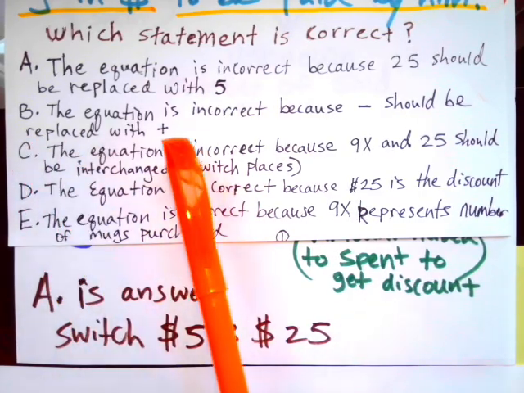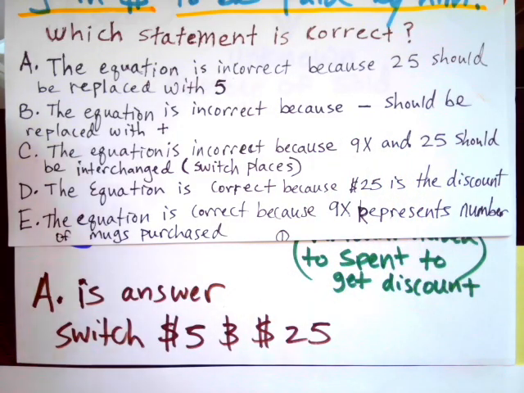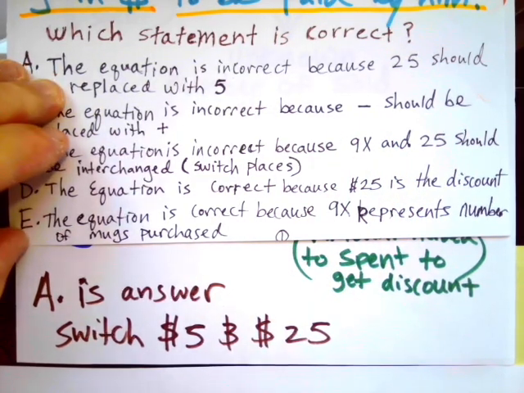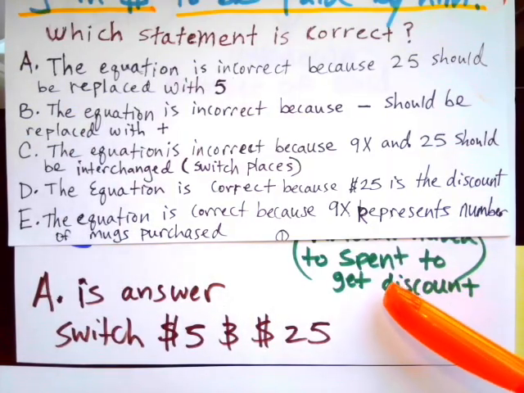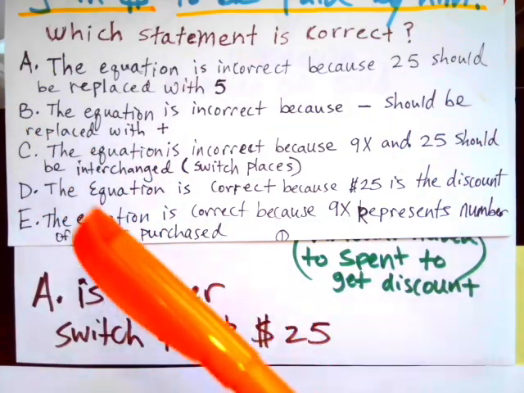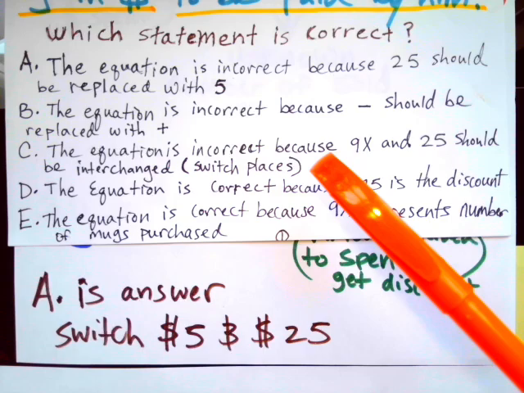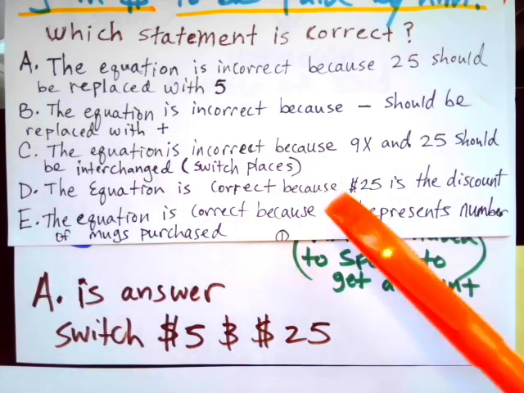Or B, the equation is incorrect because the minus sign should be replaced with a plus sign. So you would just be adding the amount rather than subtracting it. Cross off B. That doesn't make sense to me. C, the equation is incorrect because 9 times x and 25 should be interchanged.